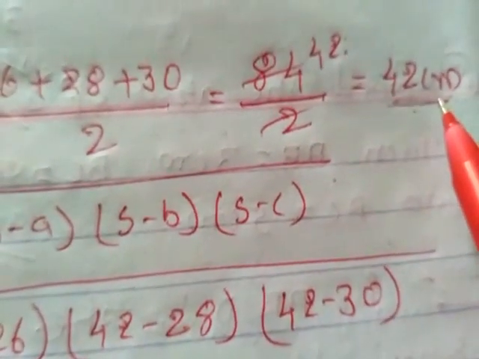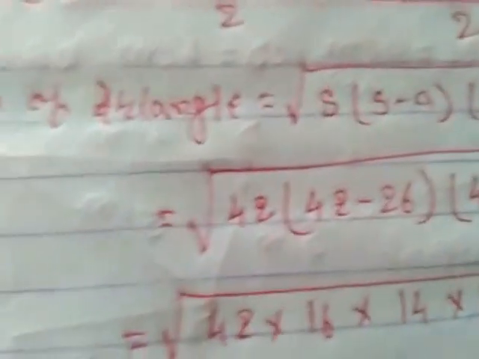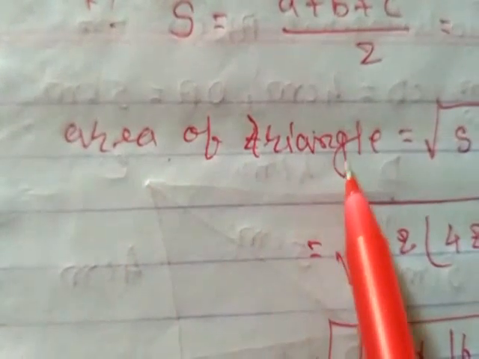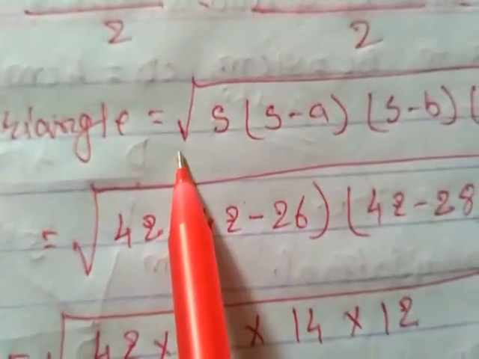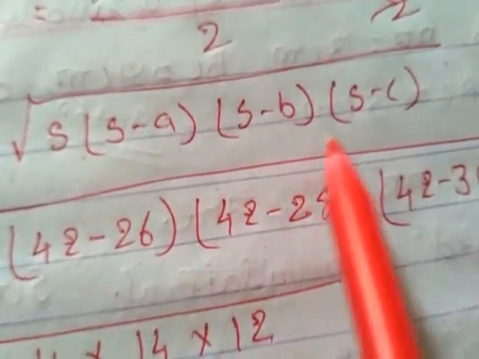So we will have the value of S equals 42 centimeter. Now applying Heron's formula for the area of a triangle, we have the square root of S into (S minus A) into (S minus B) into (S minus C).